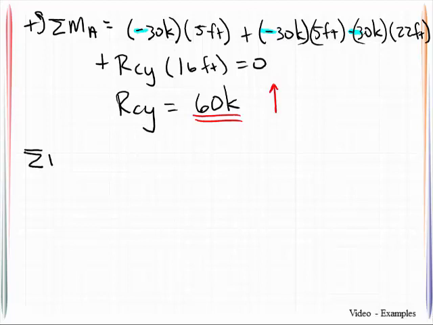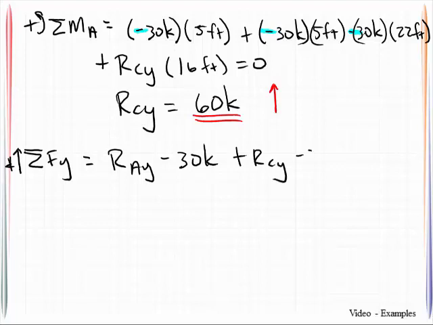Next equilibrium equation I'm going to use is I will sum forces in the y direction. And I'm just saying that the positive direction I'm considering is up. So my unknown, I have RAY minus 30 kips plus RCY minus 30 kips. All that is equal to 0. We already know RCY was 60 kips.